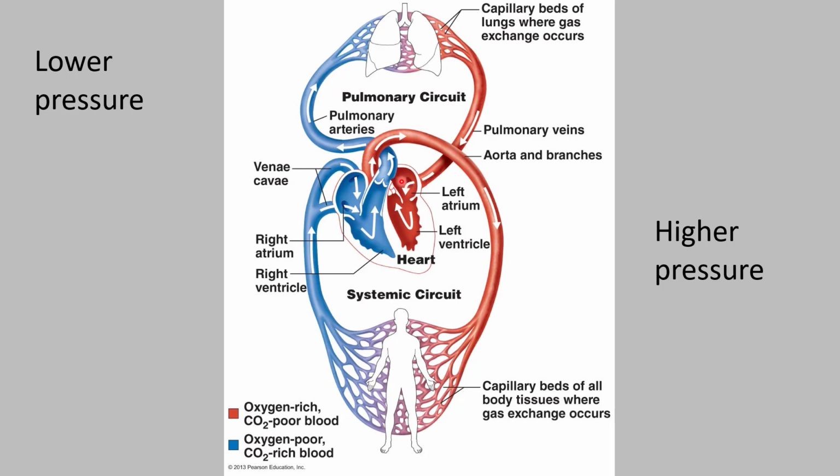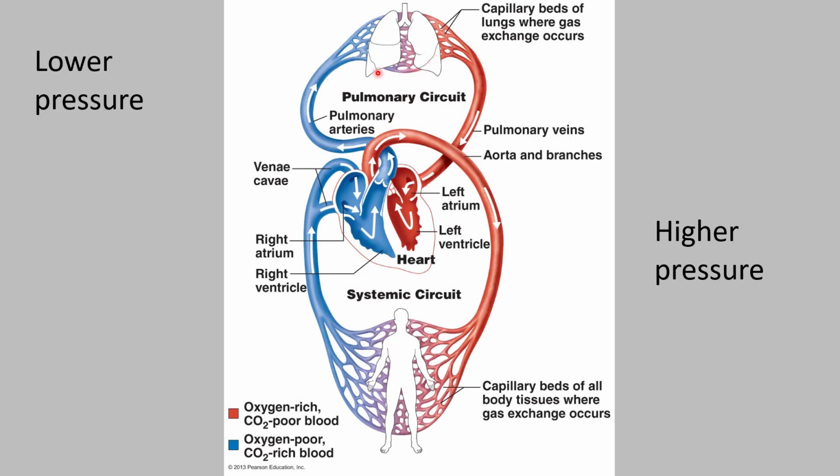Its purpose is to drop off carbon dioxide waste. When we breathe out carbon dioxide, that's because blood has delivered carbon dioxide waste from all over our body to our lungs so that we can breathe it out. So the function, again, drop off waste carbon dioxide to the lungs, but also pick up oxygen from the lungs.